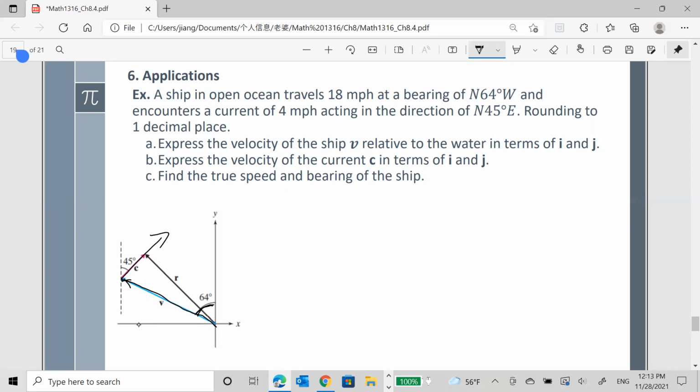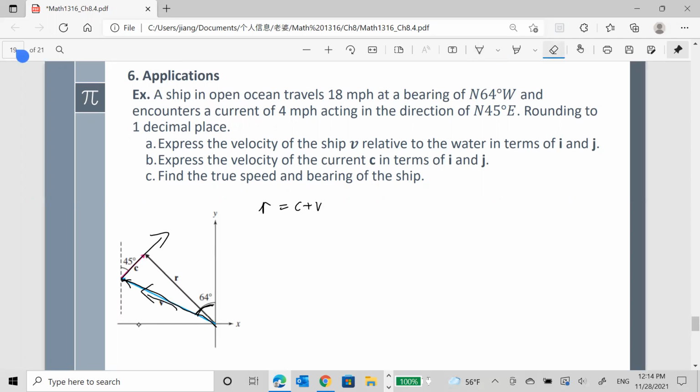So the ship has a new velocity. It can't go straight this way because the current doesn't let it. The ship must go with the velocity of v plus the current. So the new velocity r equals c plus v, or v plus c.